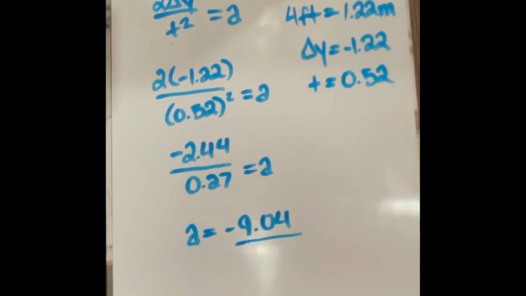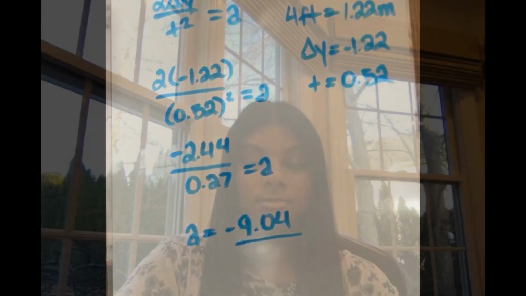We find that acceleration equals negative 9.04. Again, this number isn't exact, and it's a lot more off than the last trial, but remember that we're not accounting for air resistance, and there may be other sources of error as well, so it's okay.